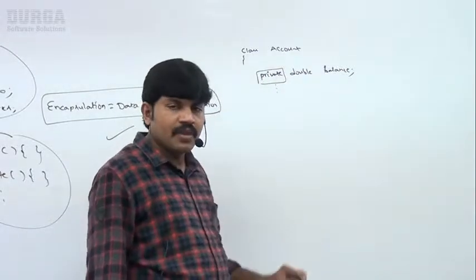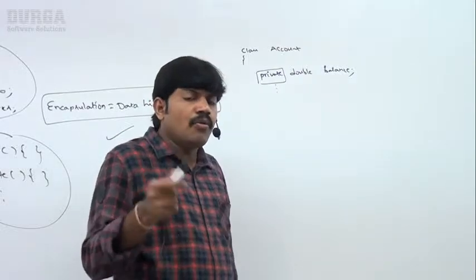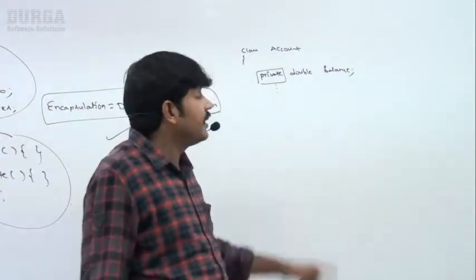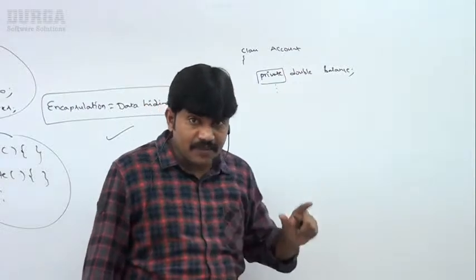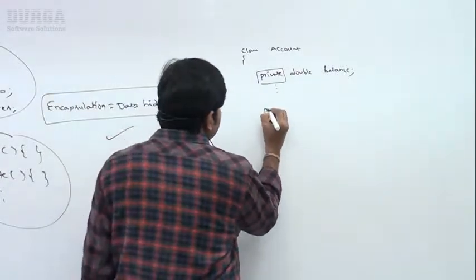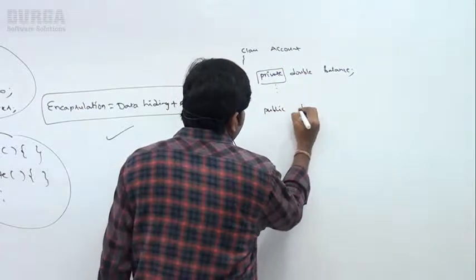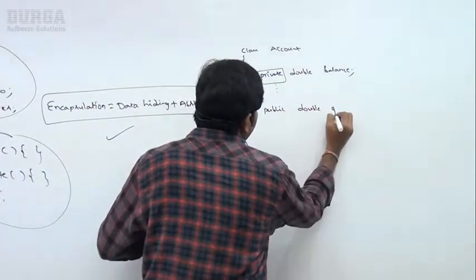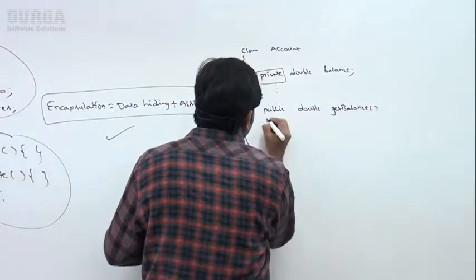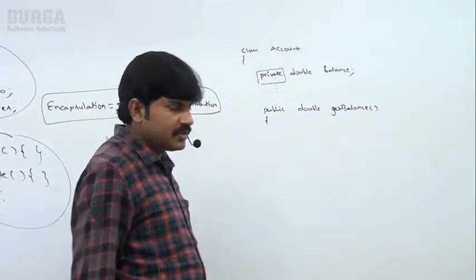Okay, data hiding. Next, how can the outside person access it? Compulsorily we have to provide getter and setter methods for this variable. Now I'm taking getBalance: public double getBalance.